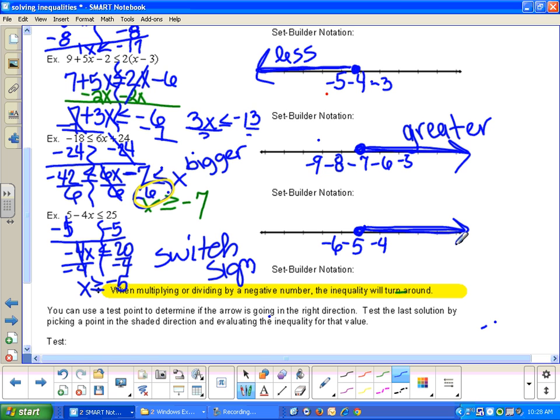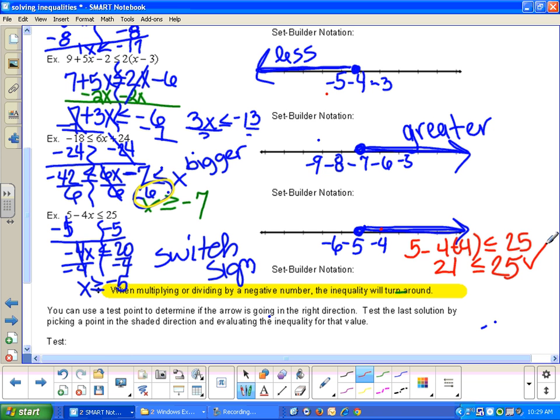If I check this, negative 4 is greater, so I'm going to check it. Is 5 minus 4 times negative 4 less than or equal to 25? Well, this is 16, plus 5 is 21. Is that true? Yes, 21 is less than or equal to 25.